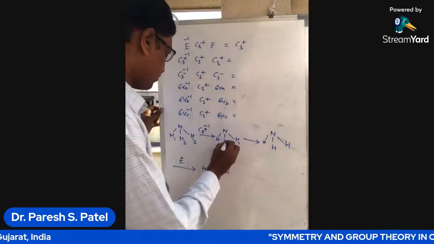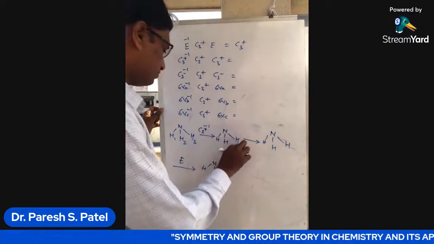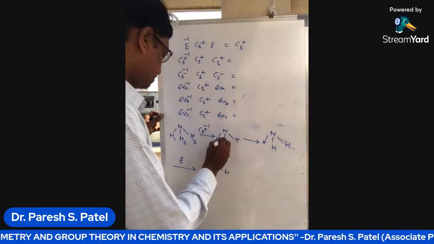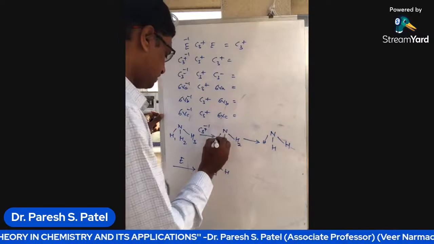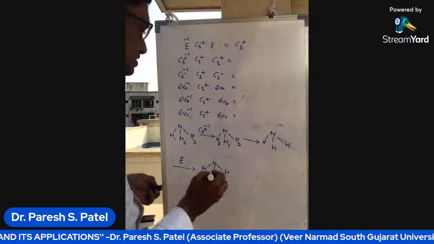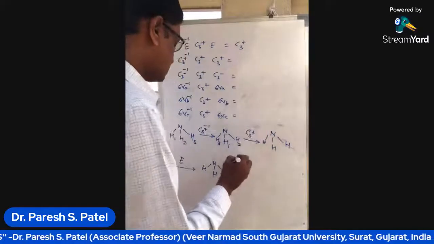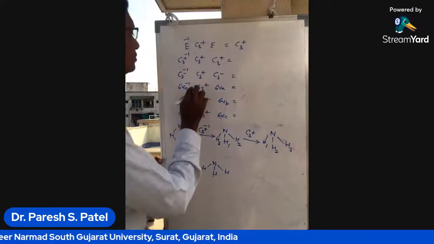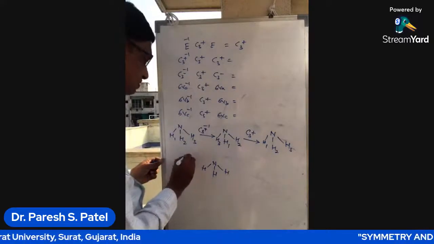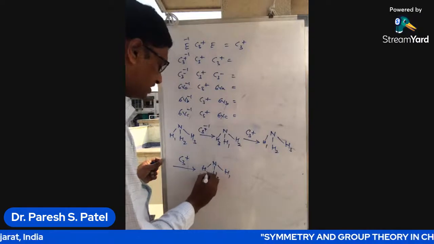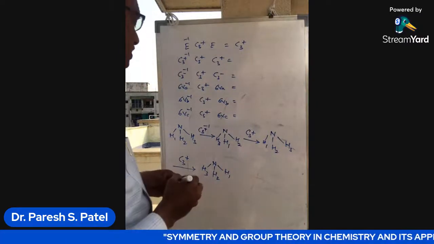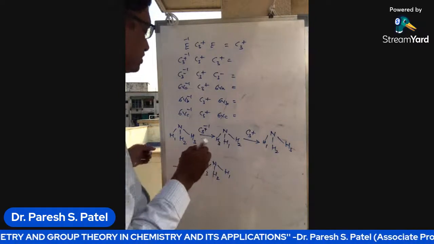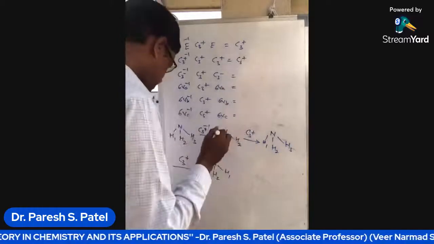So 1, 2 and 3. So this is the C3 minus. Then C3 plus, it means 1, 2 and 3. Again C3 plus, it means 1, 2 and 3. So overall result is C3 plus.